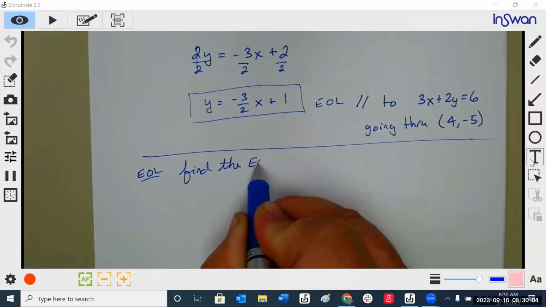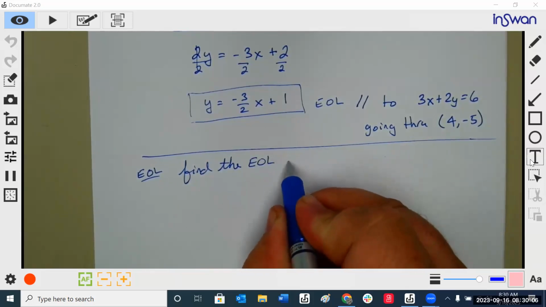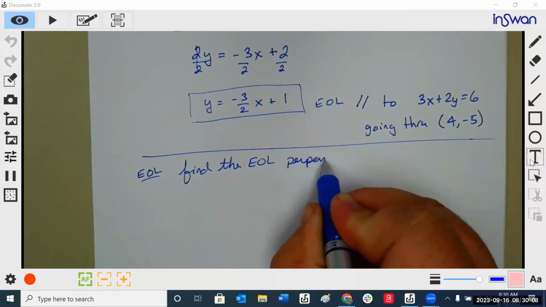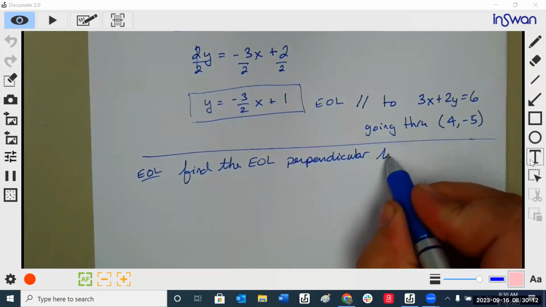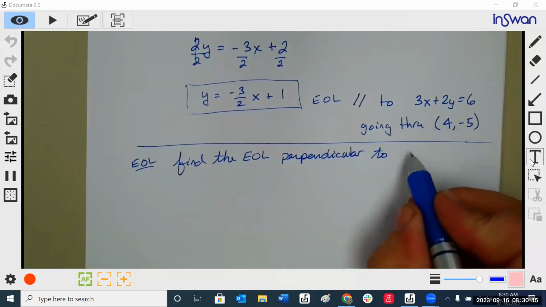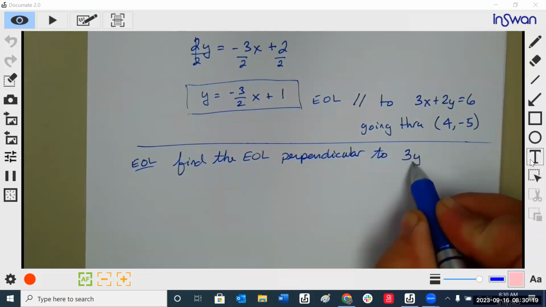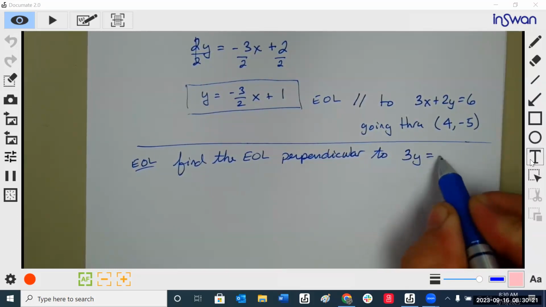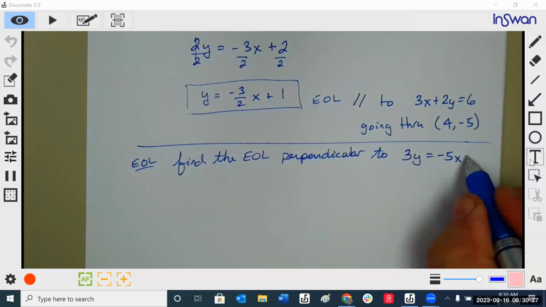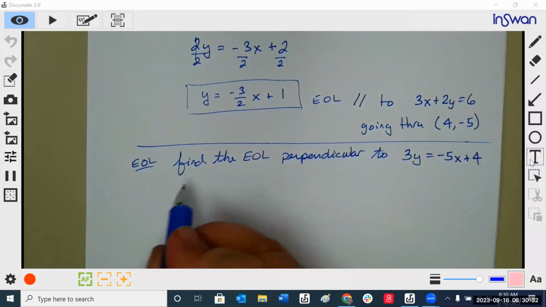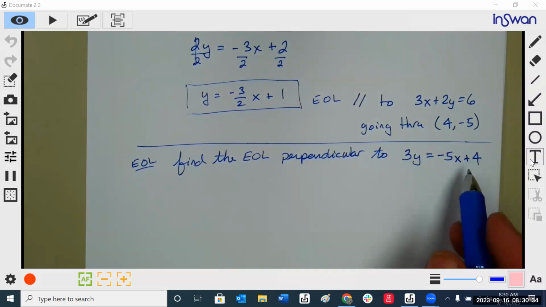Find the equation of the line perpendicular to that line.